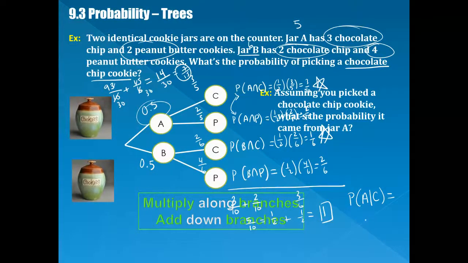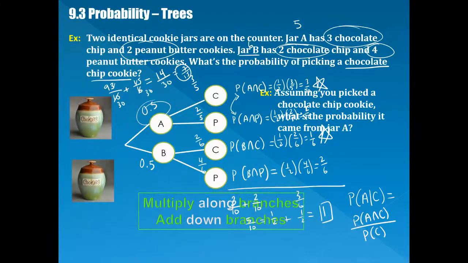So then how do I backtrack? I've got a chocolate chip cookie. That's my condition. How do I know which jar it's from? Or what's the probability that that cookie came from jar A? So this is the probability of A intersects C, the probability that it's both from A and a chocolate chip cookie over the probability that it's a chocolate chip, right?